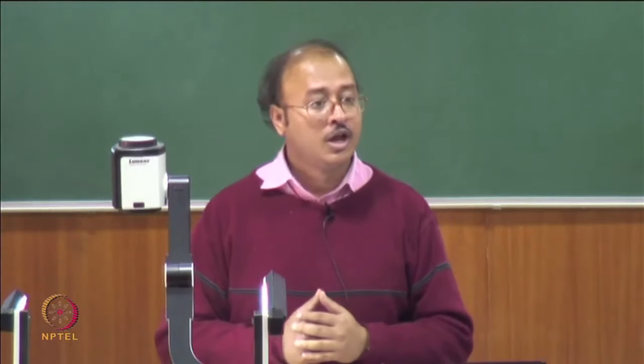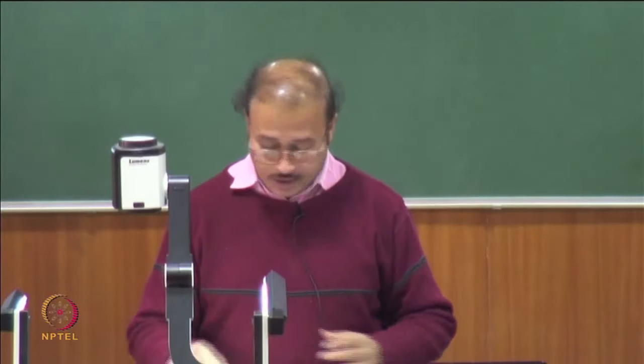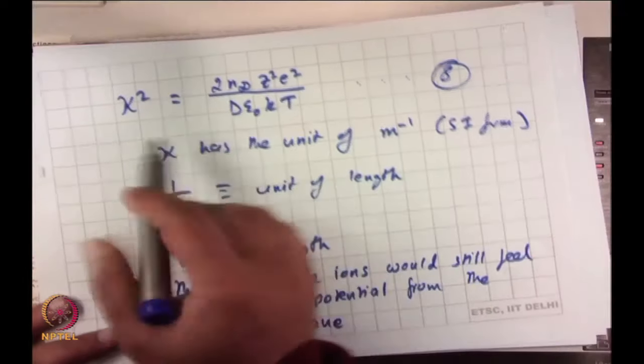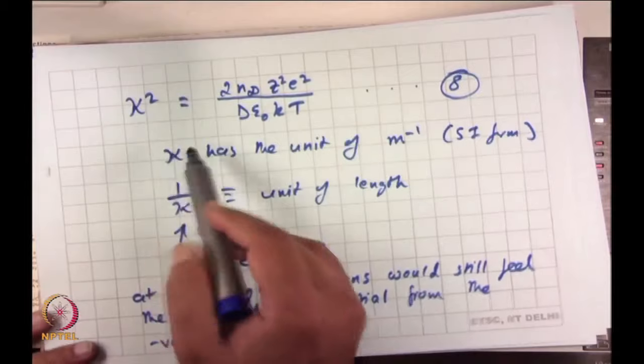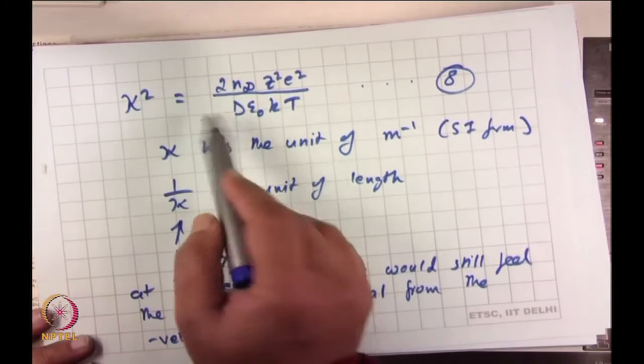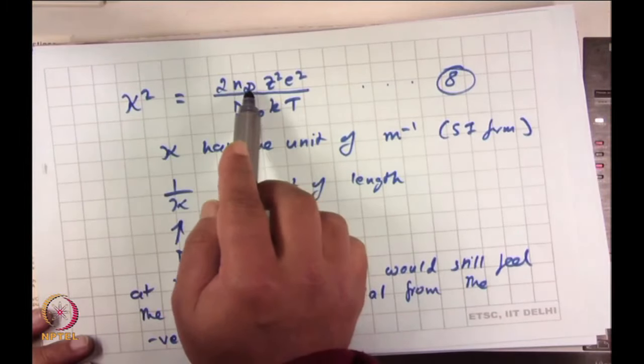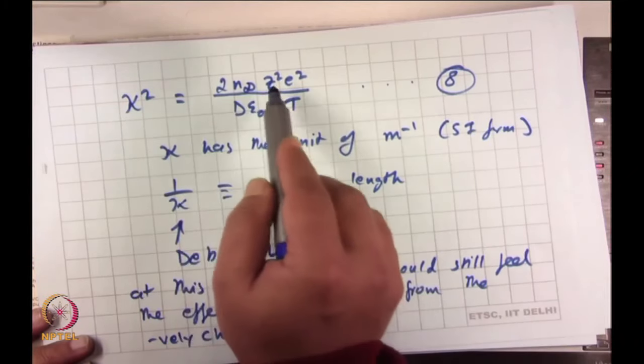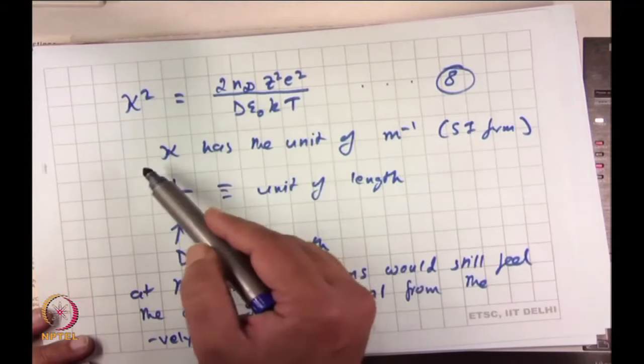Now, second, look at what kappa depends upon. Kappa, or kappa squared, anyway you have to put a square root over it to get kappa. What does it depend upon? It depends upon n infinity, which is the concentration essentially, Z, which is the valence or the charge of the ion, and e, obviously the electronic charge.